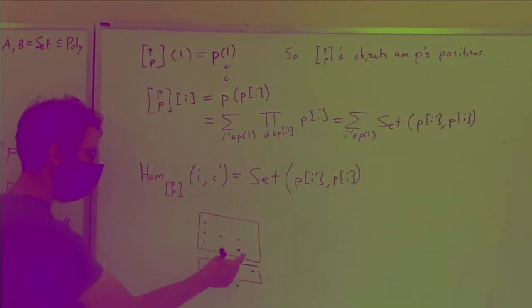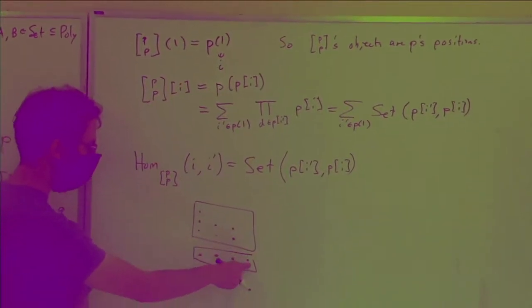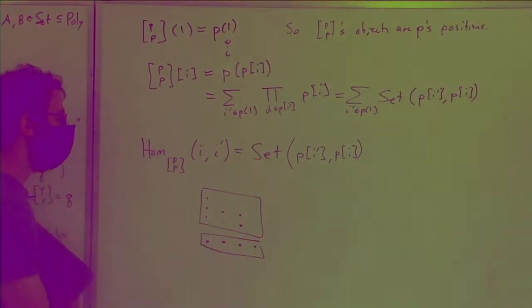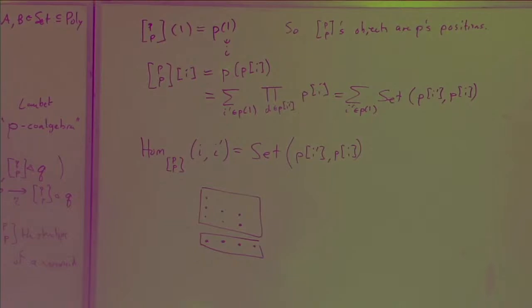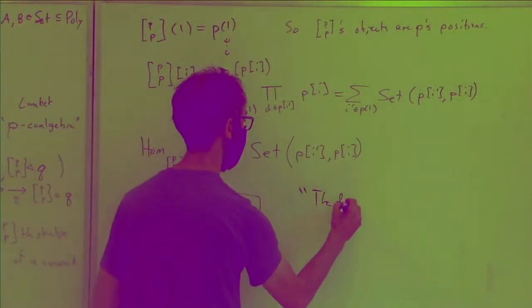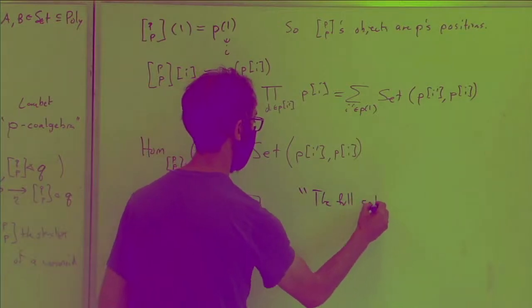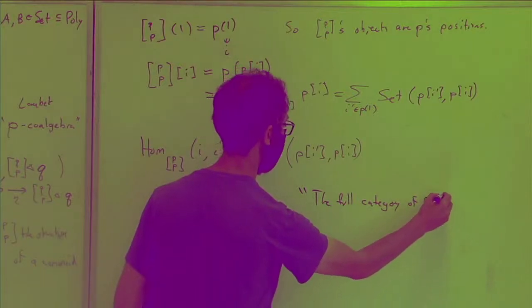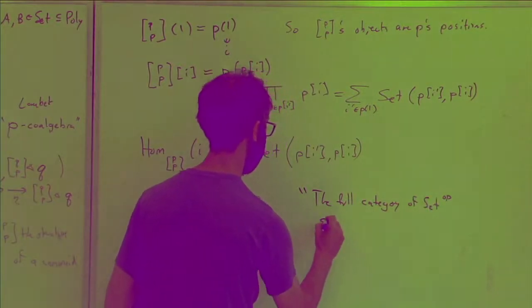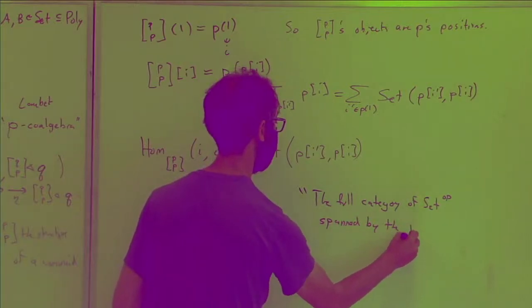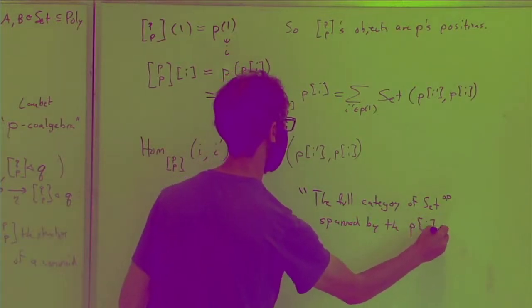And the morphisms between this object and any other object are the morphisms from the empty set to that object. So what I'm saying is this is the full category of set, or maybe, I guess, set op, spanned by the P bracket i's.